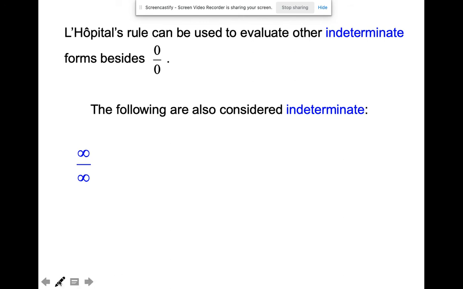Again, this is indeterminate because, again, I thought anything over itself was 1. But infinity is not a number, it's a description, right? Well, exponential functions get to infinity way faster than log functions. And if you have a ratio of exponentials to logs, that's not going to be 1, right?